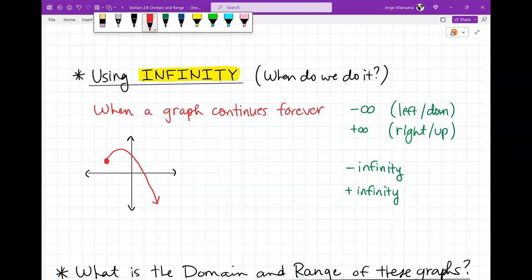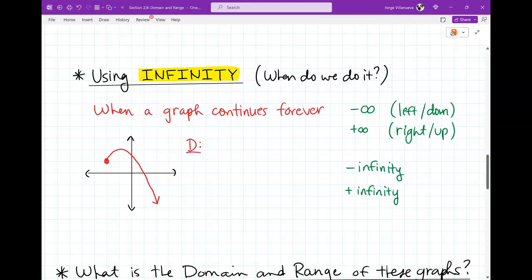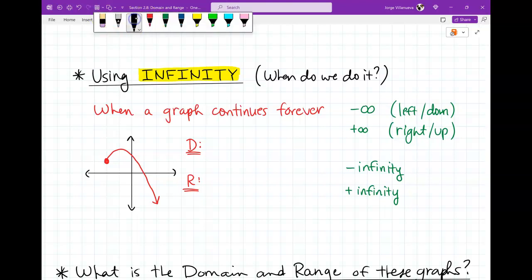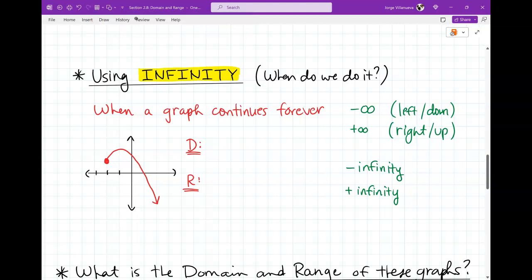What is the domain? So we use a capital D like that, and then range, we use a capital R. Okay? What is the domain of this graph? In other words, how far left does it go? Think the x values. How far left? I'll kind of mark this off right here.